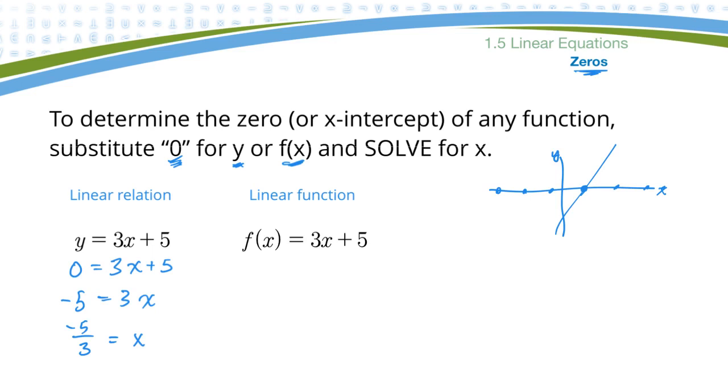So that tells me that the x-intercept for that graph is at negative 5 thirds. If I were graphing it, here's negative 1, negative 2, and negative 5 thirds would be right about in here somewhere. So that's where that graph crosses the x-axis. And actually the graph is going to look something like that.